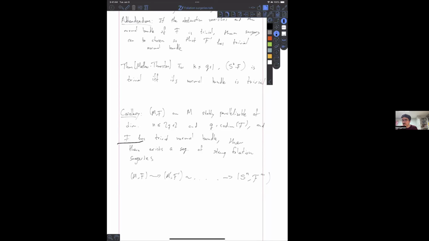And because F has trivial normal bundle, so will the restriction of the foliation have trivial normal bundle.